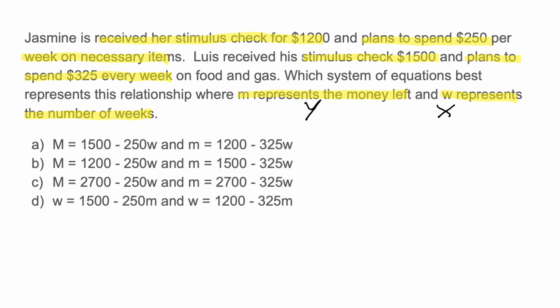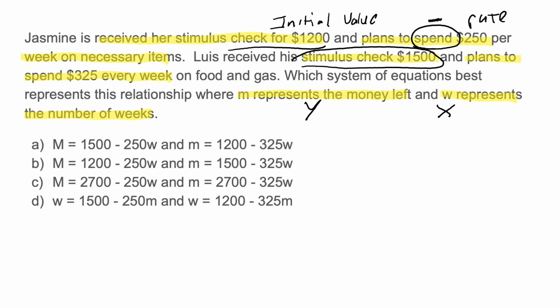Now that I know this, I'm going to go back and look at my problem. This sounds like an initial value. This sounds like a rate. And since it says spend, that means minus.